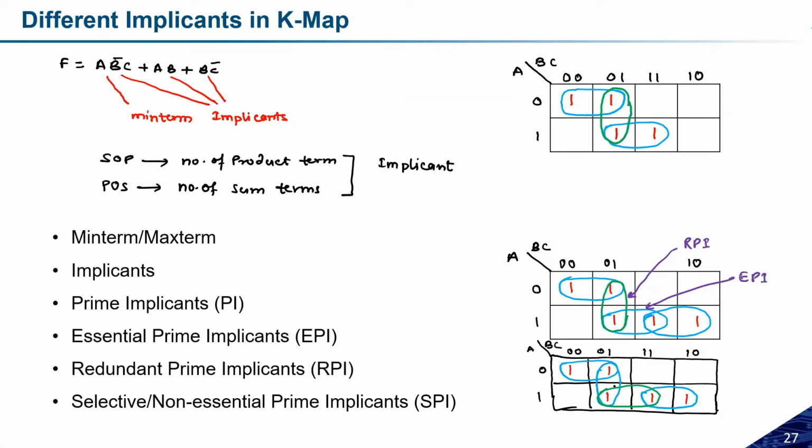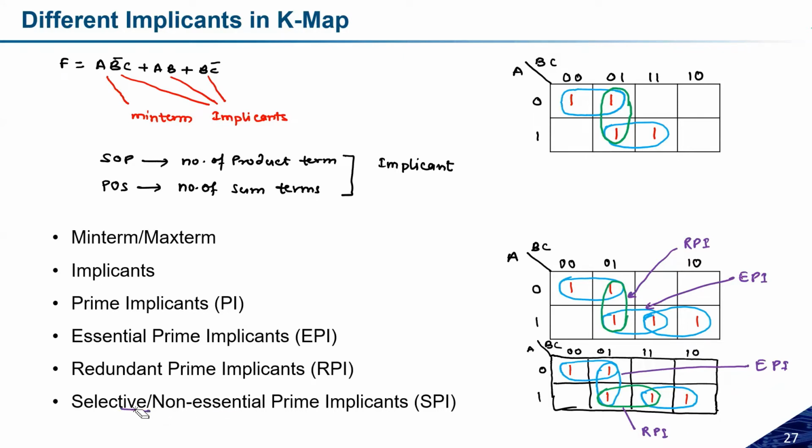But in the second case, this pair becomes the essential prime implicant, and the second pair becomes the redundant prime implicant. So the pairs which can be redundant or essential in two different pairing possibilities are called selective or non-essential prime implicants.